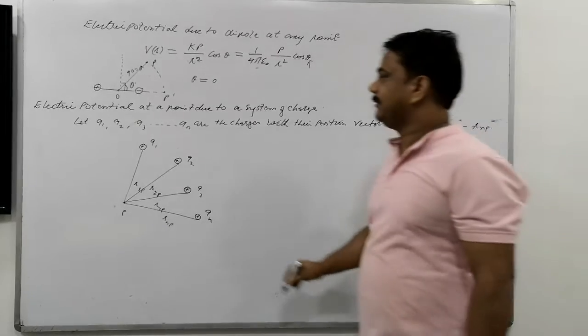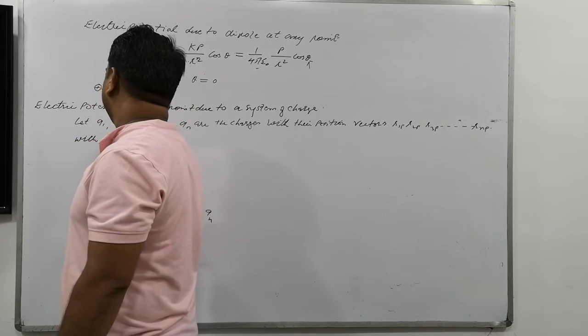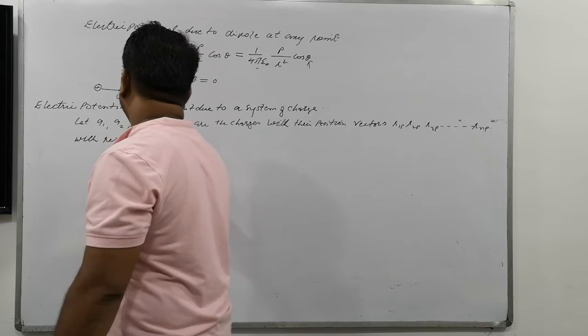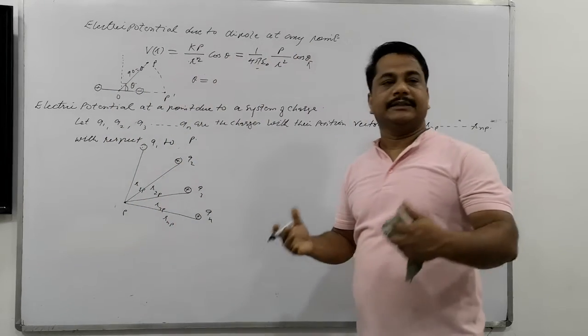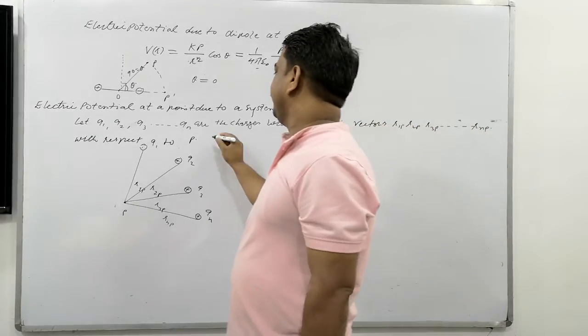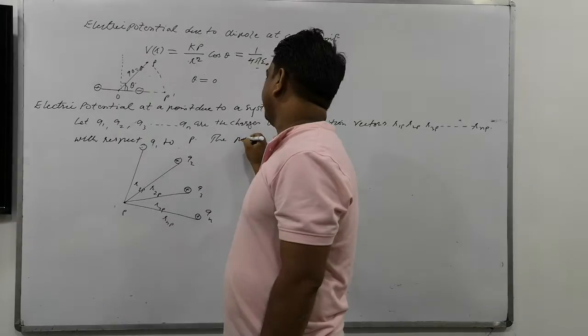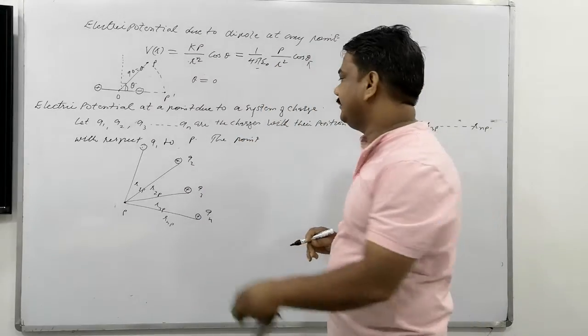Is that clear? Here you will write it with respect to the point P. P has its own position vector RP. The potential we have to find out right now.